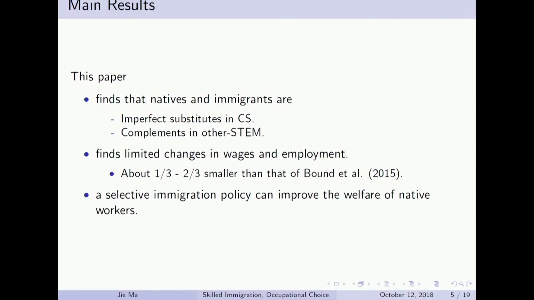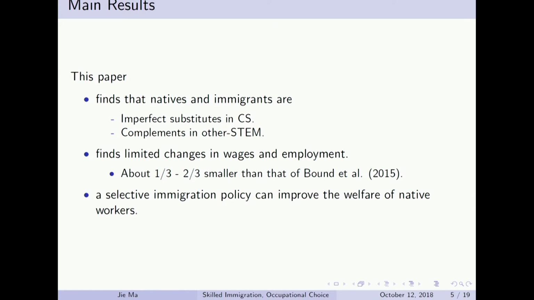Just in case I don't have enough time to finish the presentation, let me give you a preview of the results. When I estimate the data, I do find that there is imperfect substitutability between native and foreign workers in some occupations, for example, computer scientist occupations. What is more surprising is that I find there could be complements in the other STEM occupations.